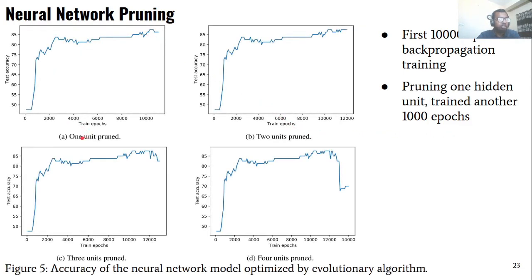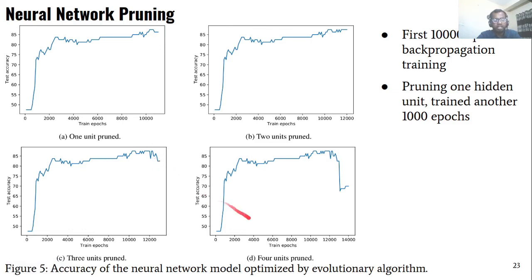So at first, when one unit is pruned, we can see that the result has not decreased. The accuracy is quite high as well. Even after pruning 2 units, the accuracy is still high, good. But after pruning the 3rd hidden unit, we can see the performance is decreasing.